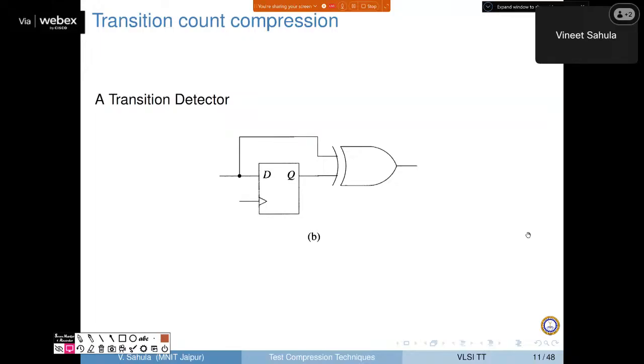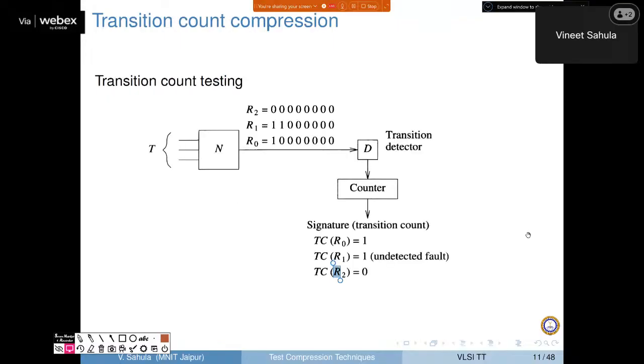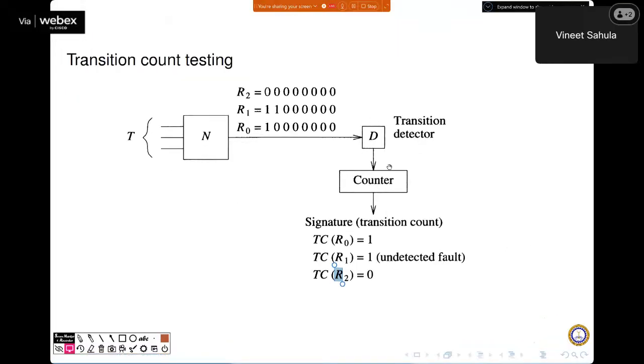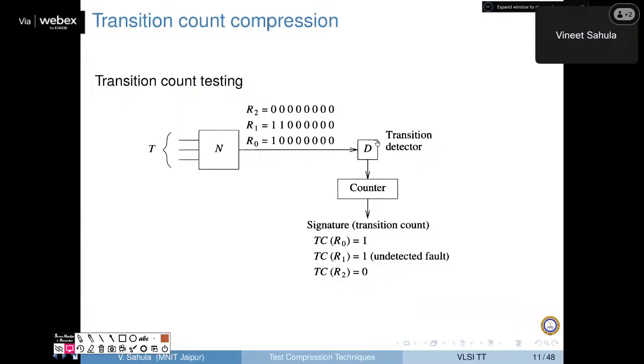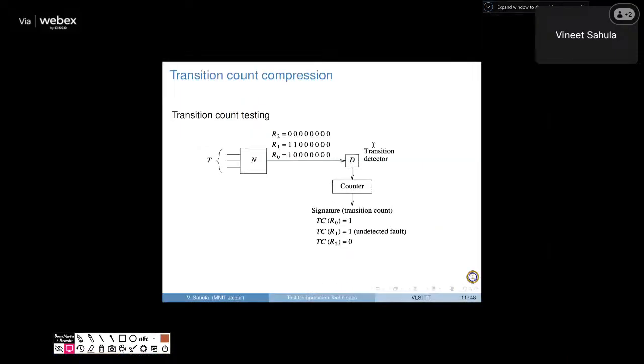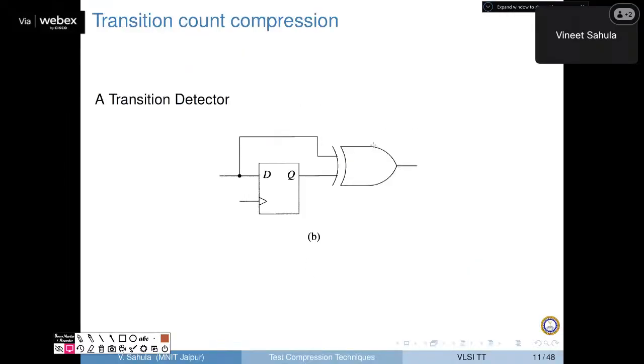So this could be a simple transition detector, which is a D flip-flop along with an XOR gate. So what we are saying is this circuit, which is here, could be realized with this one, right? A flip-flop and an XOR gate.